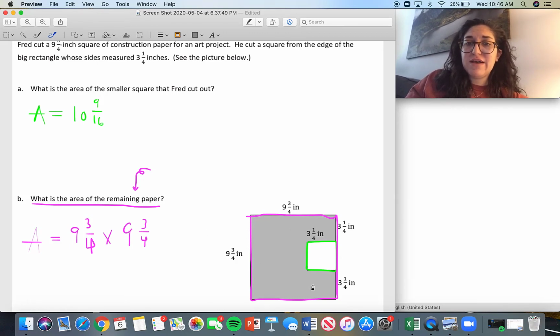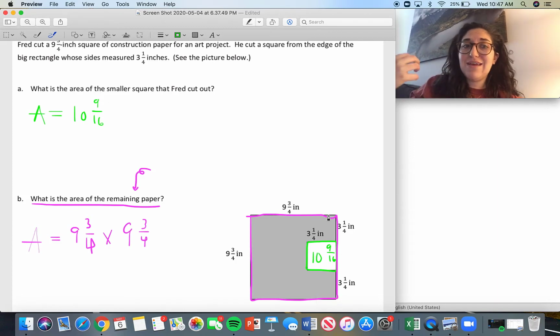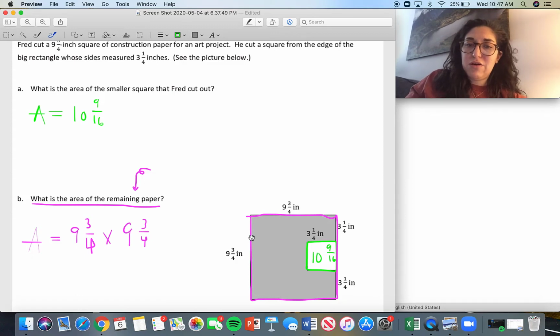And the answer is yes, because I'm finding everything, and then I'm just taking away this, which I already know, by the way. I know the area of this is 10 9/16, because we found it in part A. So if I find everything and then subtract 10 9/16, I would know the area of the gray, the remaining paper.